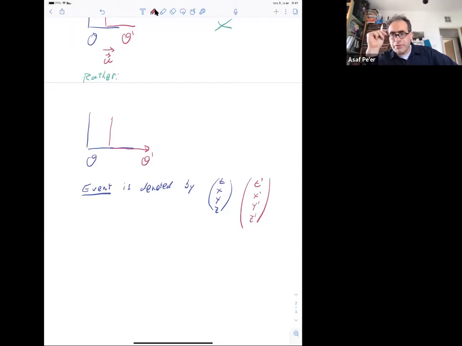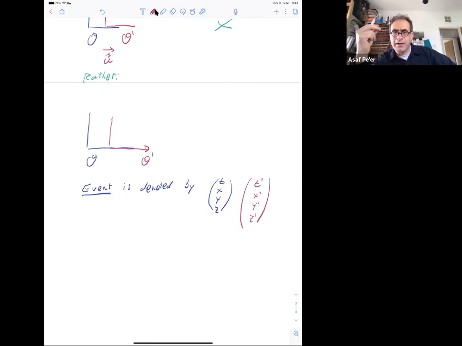This is the first thing to remember to not get confused. Relativity can be extremely confusing. So the thing to remember is that we always speak about events in special relativity, okay? Somebody scored a goal, that's an event. It happened at a certain place at a certain time. Two people kissed, that's an event.